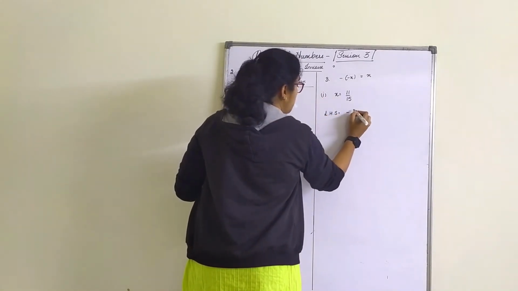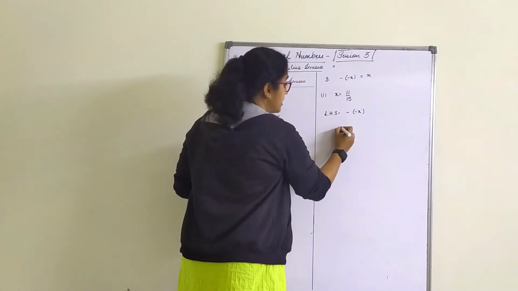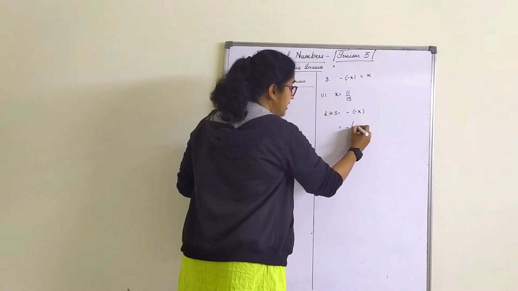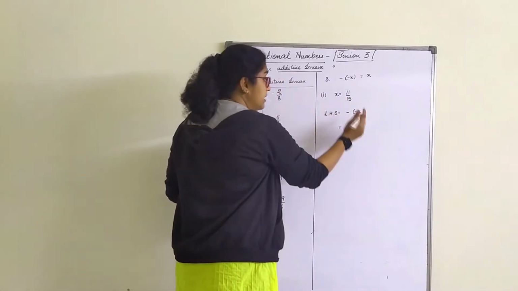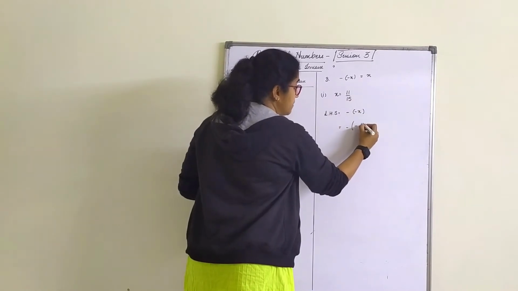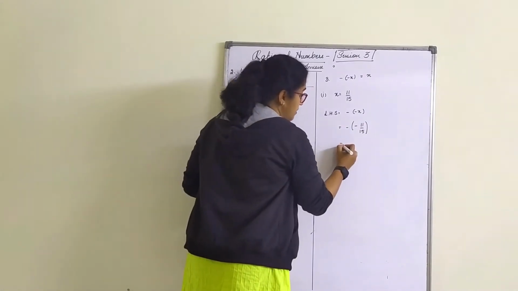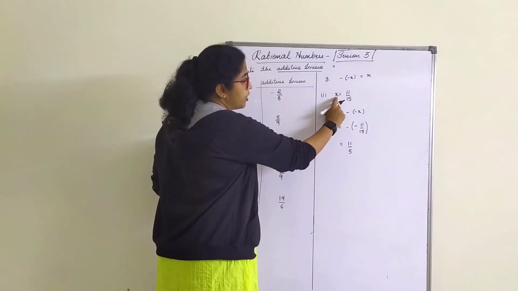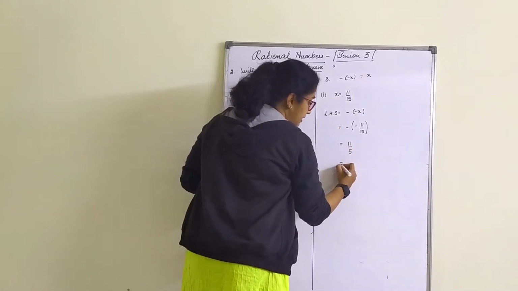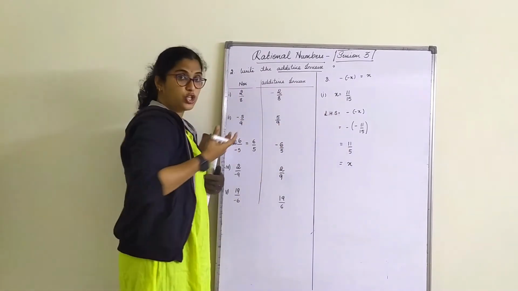LHS is minus of minus x. Correct? Is equal to minus as it is. In the bracket also minus as it is because that's the given question. It is the x value here. Substitute 11 upon 15. What is minus into minus? Plus. That is 11 by 15. So what was the x value? Which is nothing but x. Correct, no? 11 by 15 was the question itself.